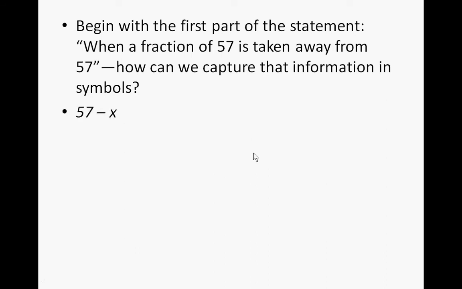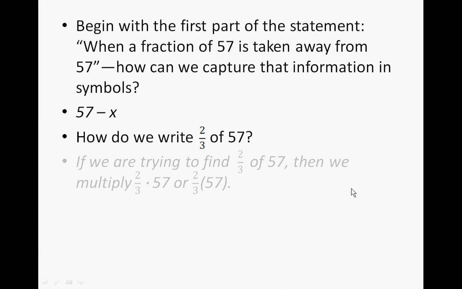All right, so we can say 57 minus x, because a part is being taken away from 57. Again, this could be a fraction. It might not be a fraction, but it is a number. So now, how do we write 2/3 of 57? Well, that should be pretty easy.